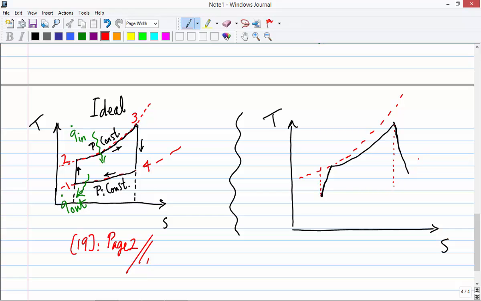right? So let me connect these two first. It's difficult to draw. And then pressure is going to drop, right? So that would be like that. No, I don't like it.